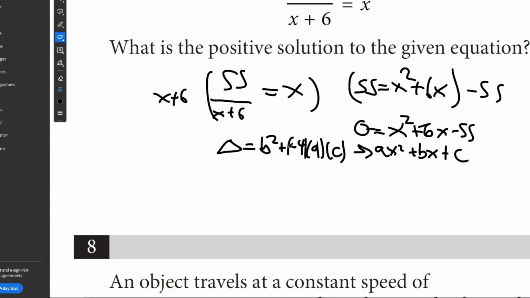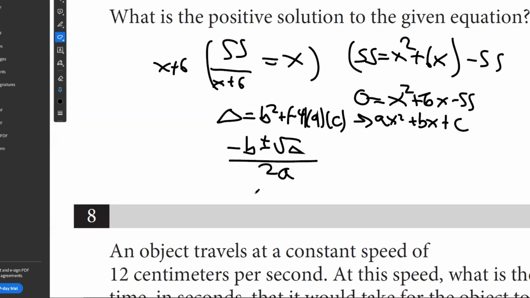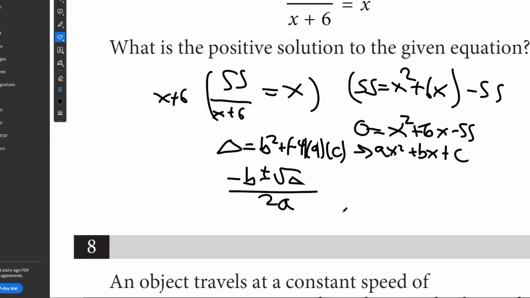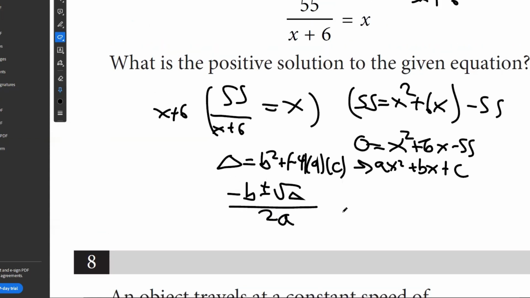And our solutions will be negative b plus or minus the square root of delta, divided by 2a. These are the two crucial things we have to know in order to solve this question. And if we know this, it's a piece of cake, to be honest.